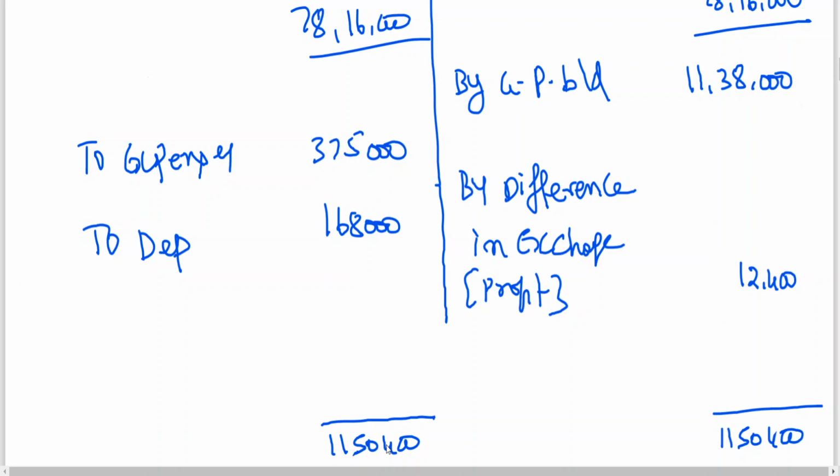Minus 3,75,000, minus 1,68,000. How you got the depreciation? You know, 16,80,000 into 10%. You have already converted it in Indian currency. On that you are calculating 10%. So minus 1,68,000.